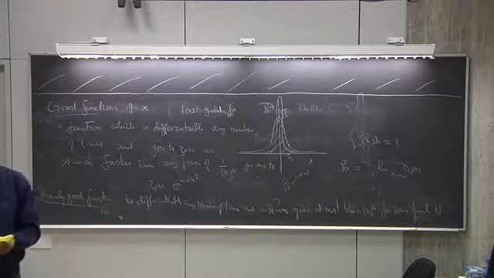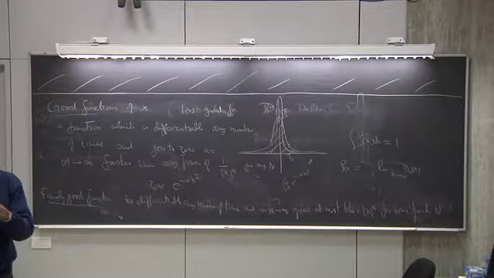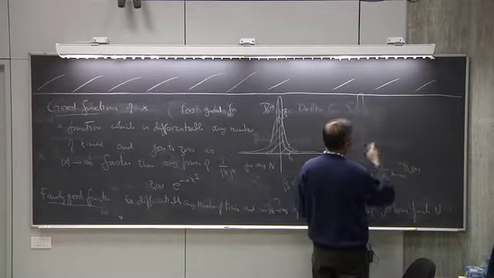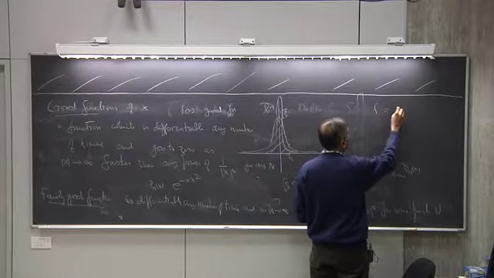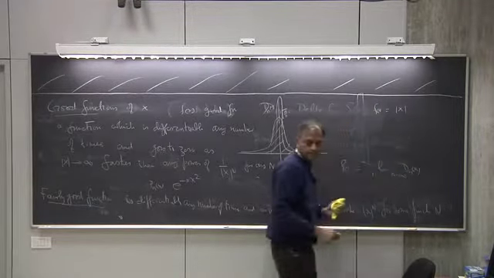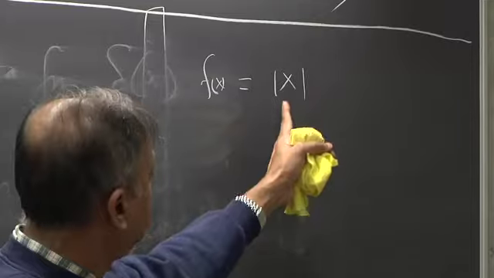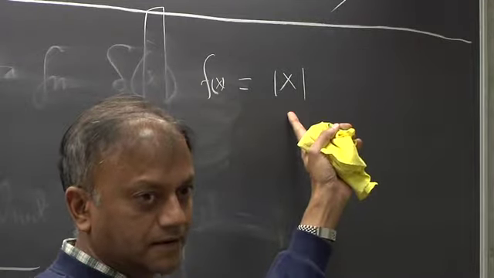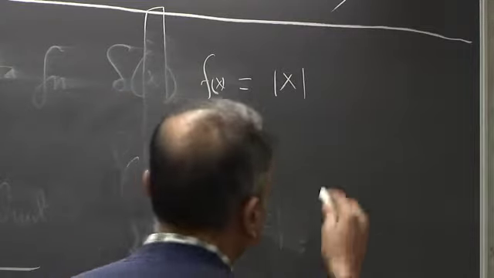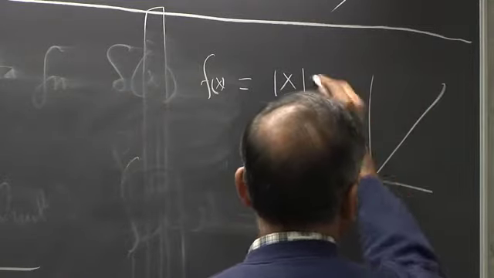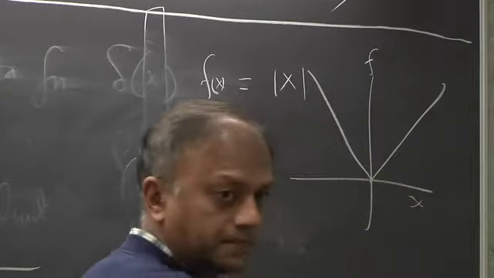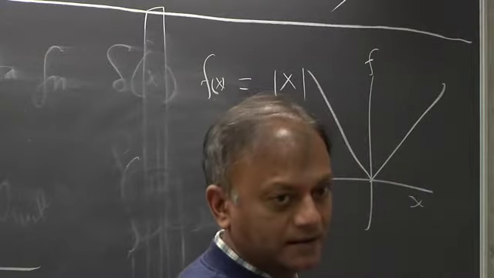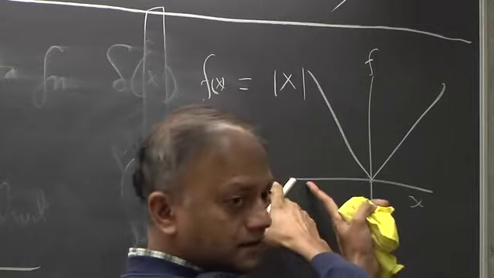When you say something does not exist, it means either there is some discontinuity. For example, take the function f of x equal to modulus of x. This is a continuous function actually, but the derivative does not exist at x equal to 0, or the derivative is discontinuous, because the function is like this if you draw it. For positive x the derivative is always plus 1, whereas for negative x it's minus 1.